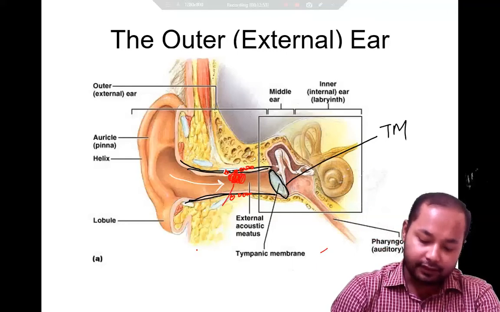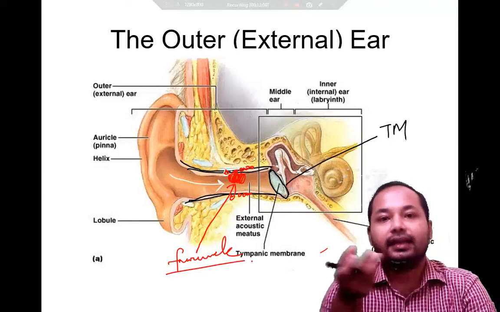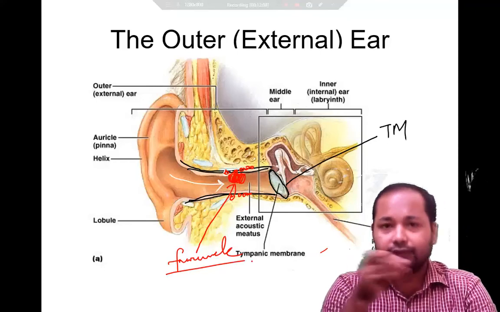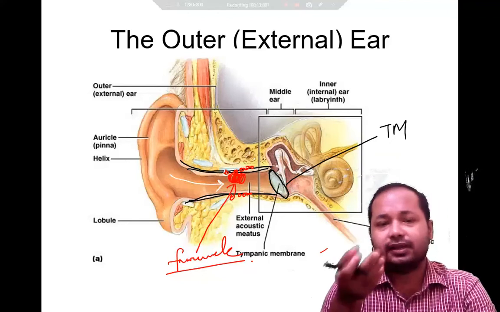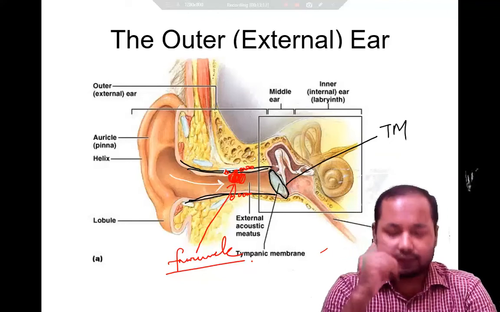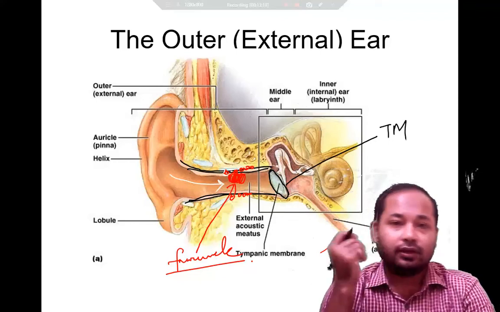A furuncle is an infection of the skin sebaceous gland, and it is a painful thing. The only thing you have to do here is prescribe some antibiotics, and also give some local antibiotics from outside, so as to remove that.